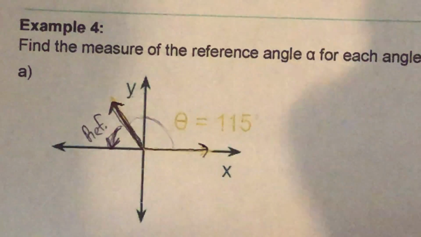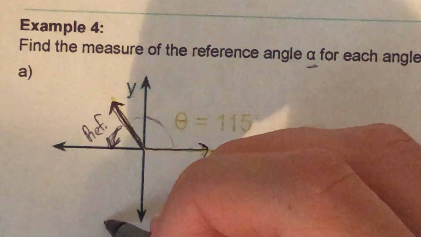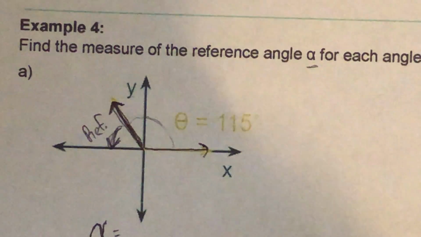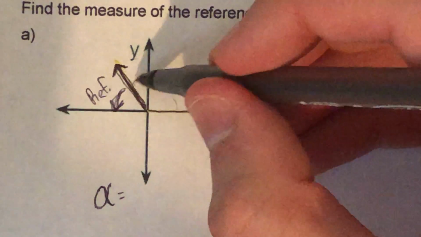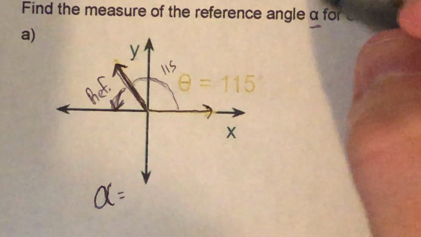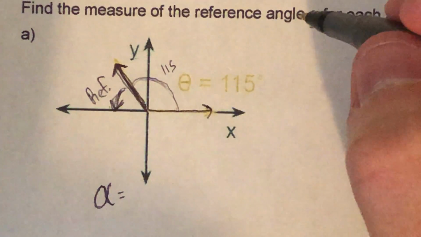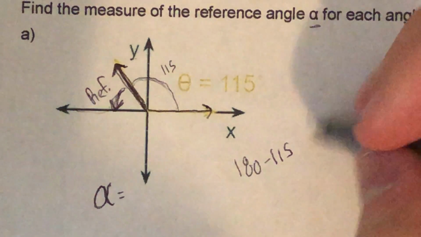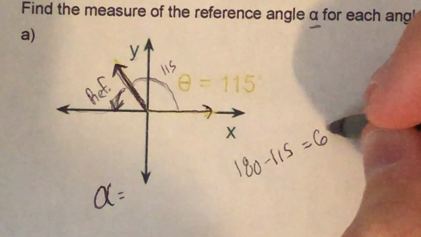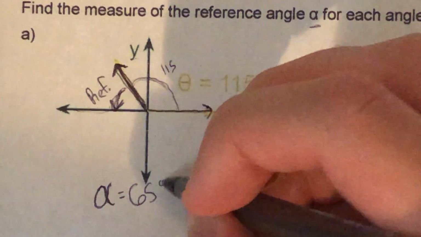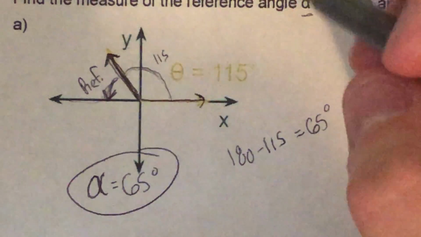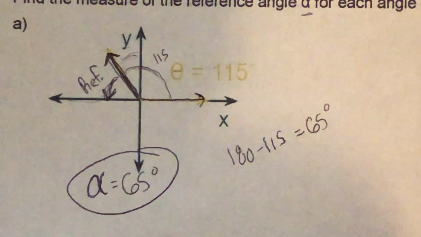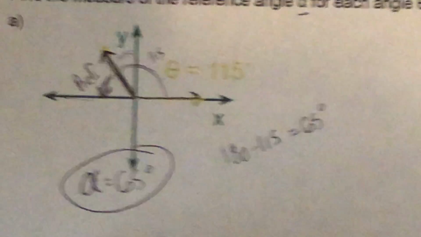And reference angle is represented by alpha. So alpha here. If this angle here is 115 and all the way around is 180, then our reference angle would be 180 minus 115. So what's that? 65. Notice we are not using this angle here, not between the y-axis, only the x for reference angles.